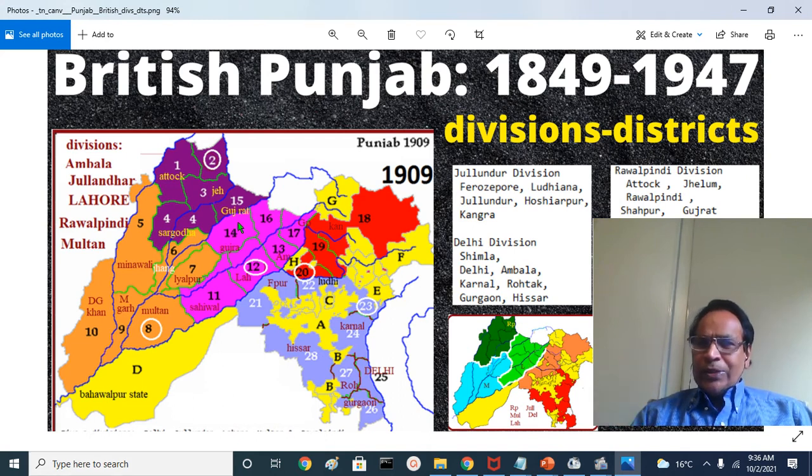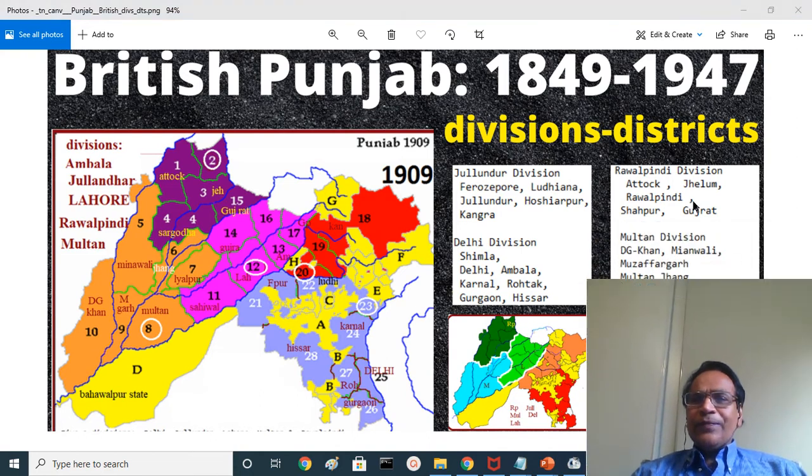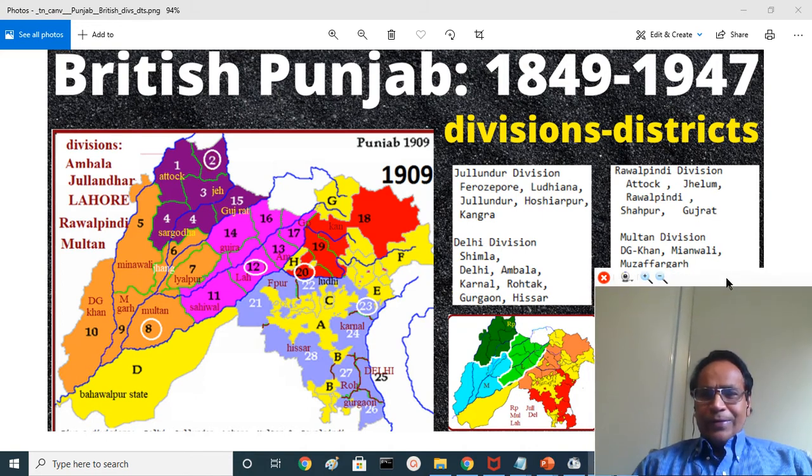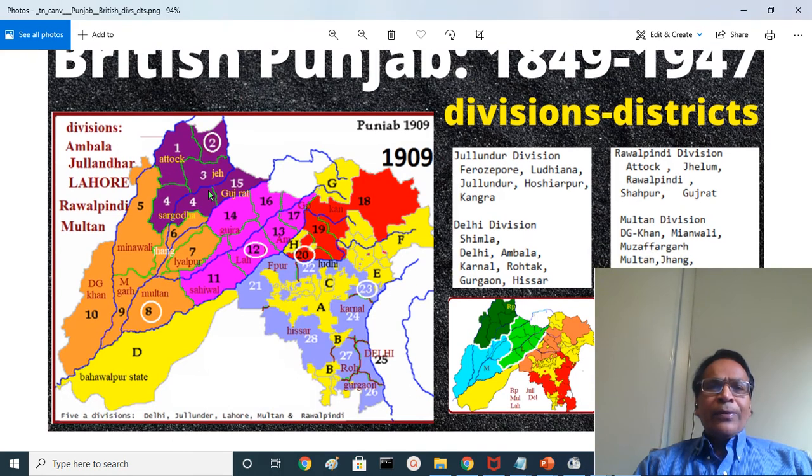This is Gujrat district across the river Chenab. There is a missing letter, which is very critical. You see here, Gujrat. When you say Gujarat, there is an 'a' after the J. So that's the difference, and a lot of people get confused. Is there Gujarat here? No, it's Gujrat. It's not Gujarat. So that's about the Lahore division.